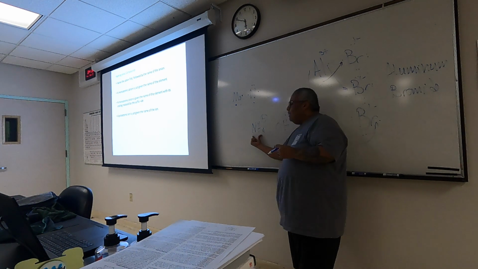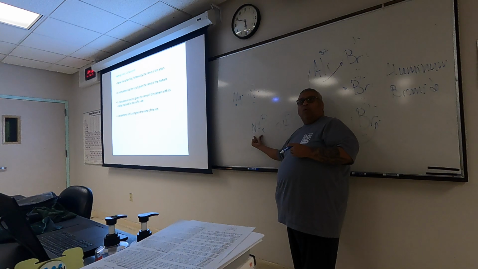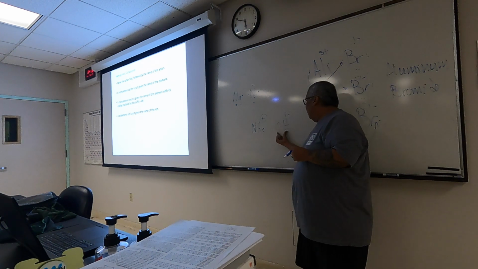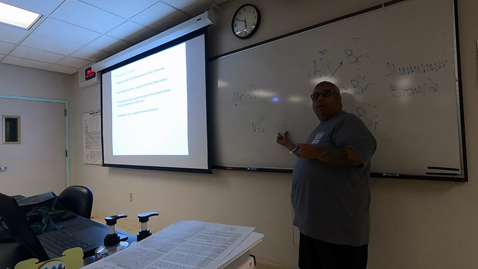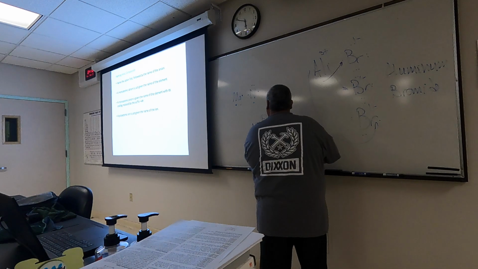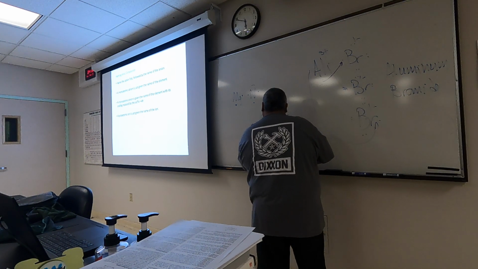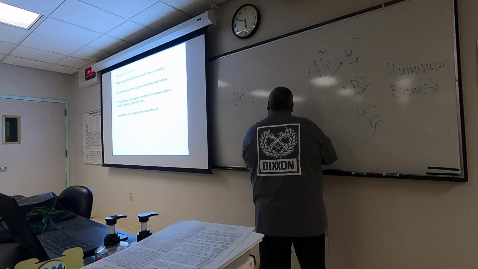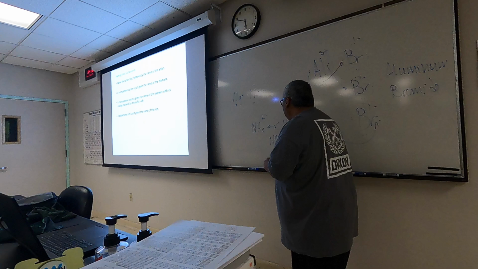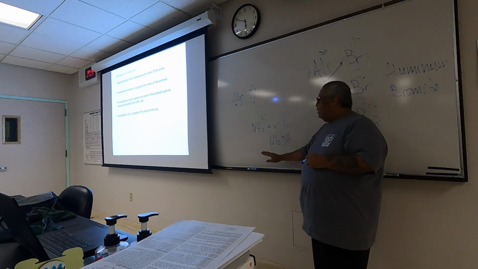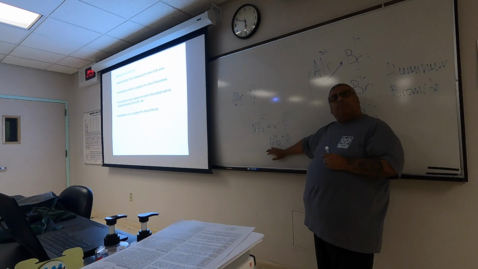So because this is set up with covalent properties, and this is also set up with covalent properties, when you take this and bond them together, we get ammonium hydroxide, which takes on the properties of both.